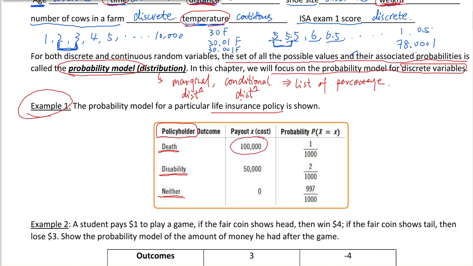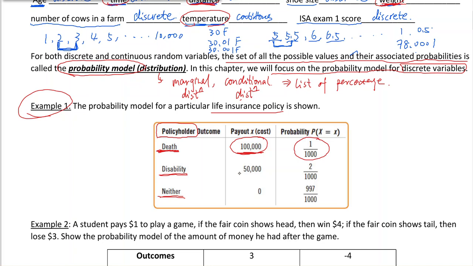For the death case, the insurance company will pay $100,000, with a corresponding probability of 1/1000 to have the death case.